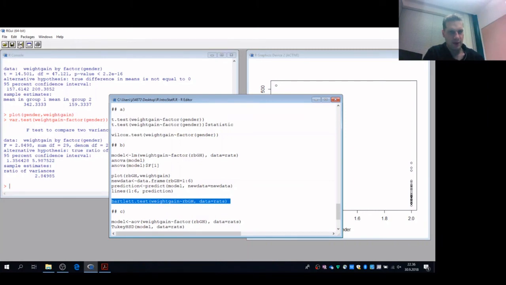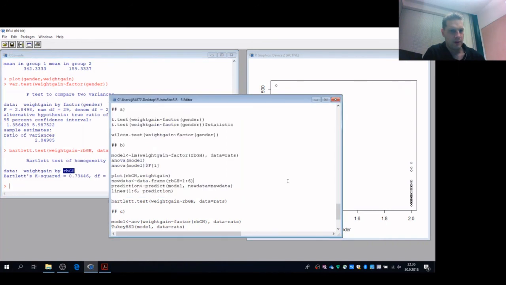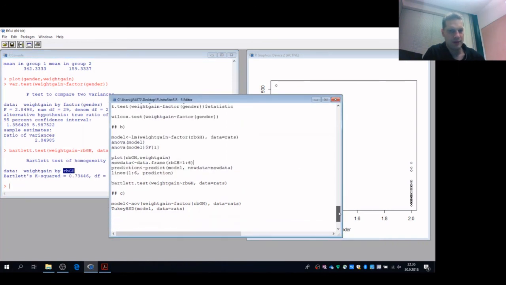Let's do that first. And in this case, there's not really enough evidence to say that there's no homogeneity in variance. But we are now looking at the weight gain with respect to this variable. So that's important to understand.